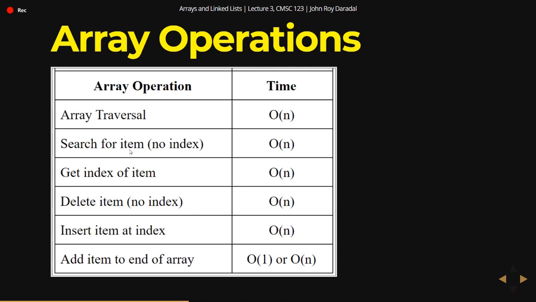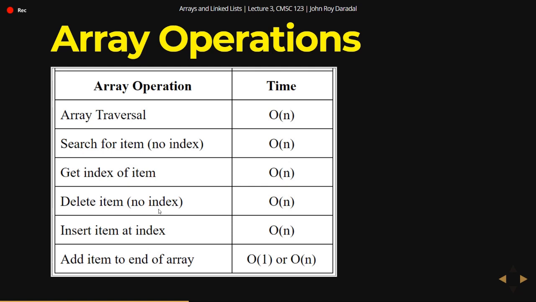So if you want to find an item in an array and you don't know its index, that would also take linear time, because you would have to traverse the array, and the worst case is either it's the last item of the array, or it doesn't exist in the array. So you'll have to go through all items. So that's O of n, or linear. If you get the index of an item, that's similar to just searching for the item, so it's also linear.